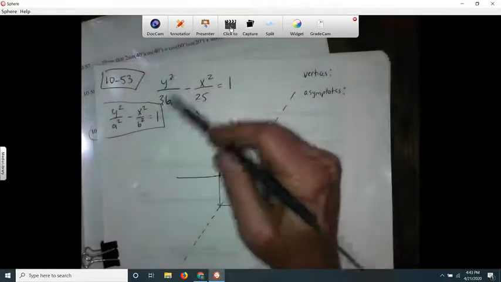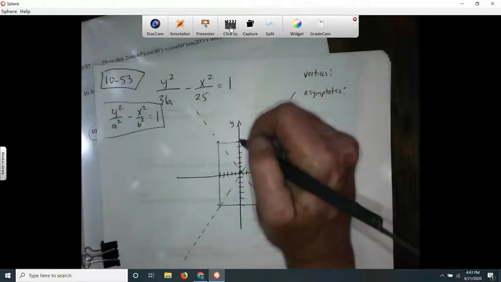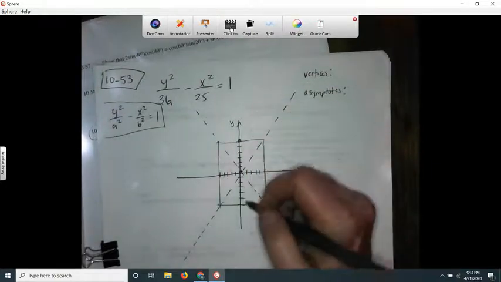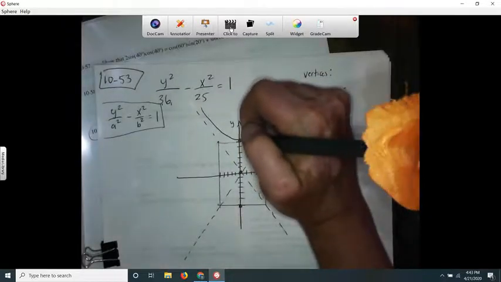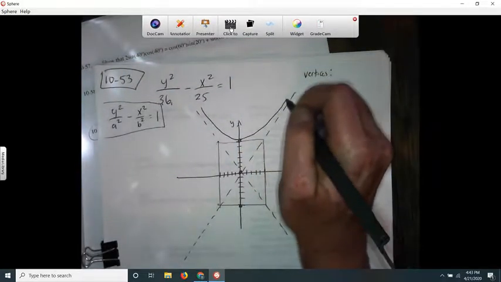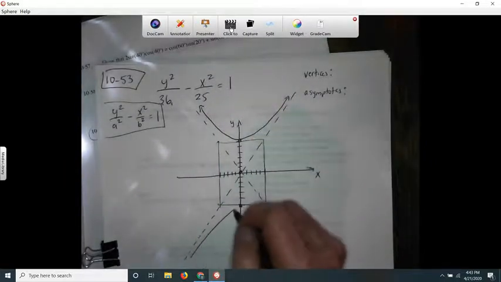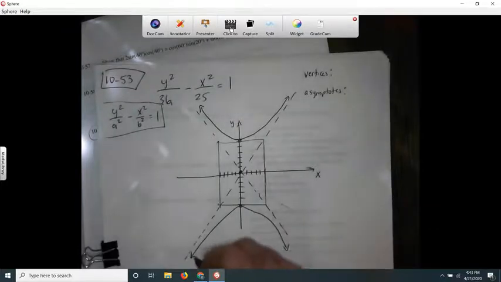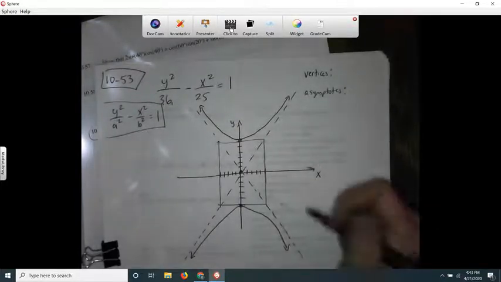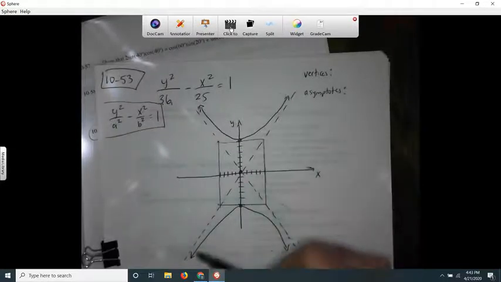The one that's positive, that's where you're going to have your vertices. So it's just going to go like this. It asked about the asymptotes, but not the foci. So this is the graph of the hyperbola.